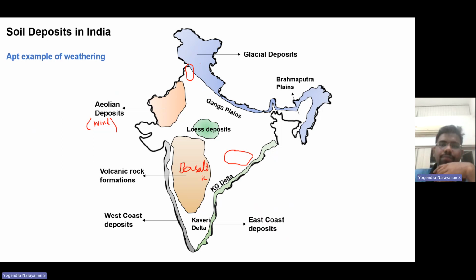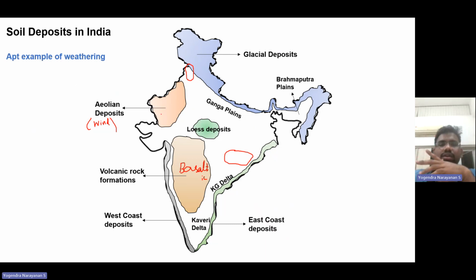So as we see, the deposits from here get transported and form very transported deposits of alluvial soils, as these rivers originate from the Himalayas, and similarly the rivers originating from Western Ghats deposit the western coastal deposits, and the Eastern Ghats deposit the eastern coastal deposits, due to the various weathering and wind.